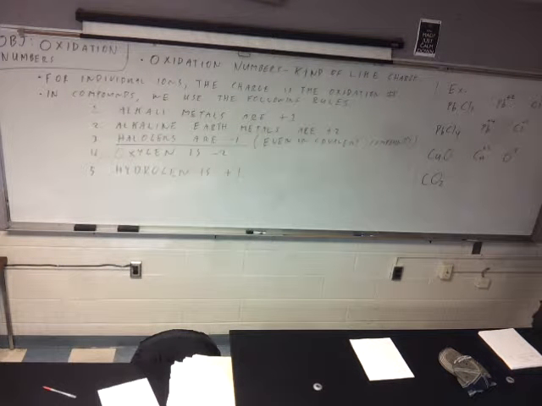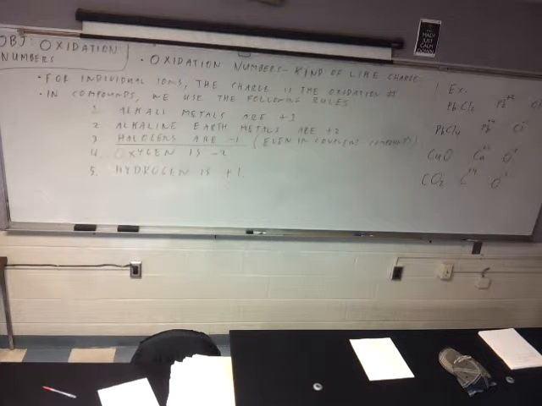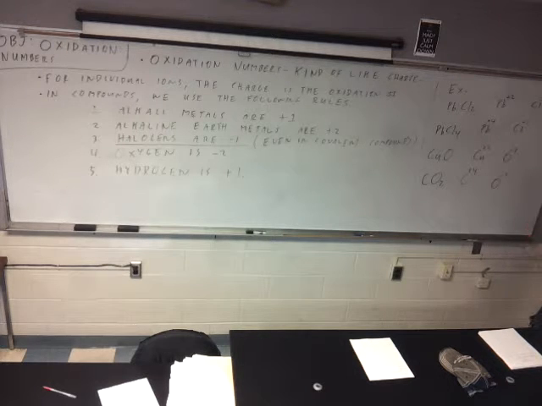So what about these? Which one do we know? Yes, oxygen's -2. What's carbon going to be? +4. Right? So really it's just like dealing with charges, except we do it in covalent compounds, which don't have ions. So they don't have charges, but they have oxidation numbers.